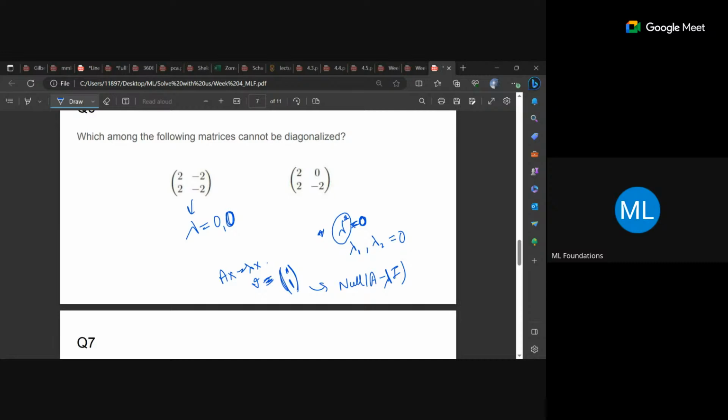Even in one of the TA sessions, I'm not sure if it has already been done or will be done. If you need more, if you want to solve some more problems on diagonalizable matrices, then we can ask in one of the TA sessions to do some problems on this topic.